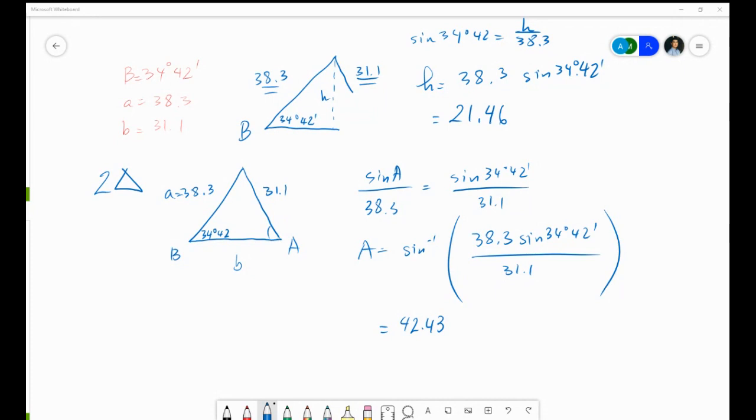I divided it by 60, so I got 34.07. Oh, I think that may be why. Wait, 34.07? No, that's not it, because 42 is almost 3/4, so it should be about 0.75.